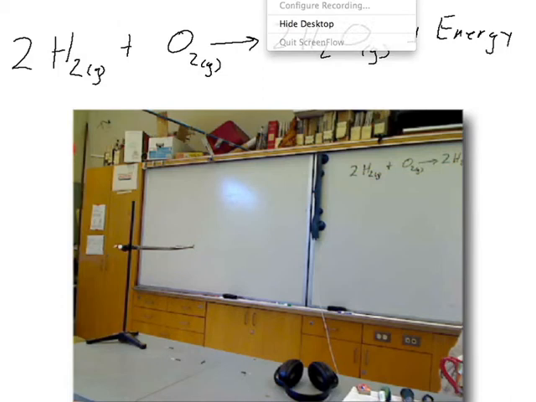So what happened to the hydrogen? It reacted with the oxygen in the air and produced water.